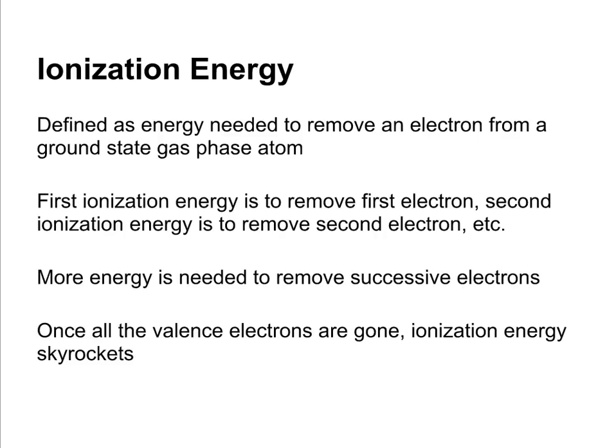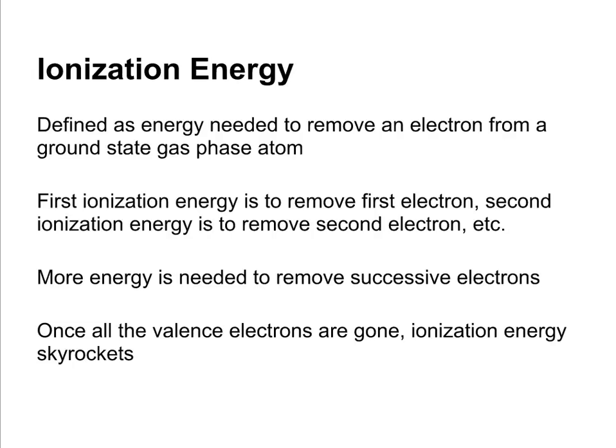The next trend is ionization energy. Ionization energy is defined as the energy needed to remove an electron from a ground state gas phase atom. The first ionization energy is to remove the first electron. The second ionization energy is the energy required to remove the second electron.